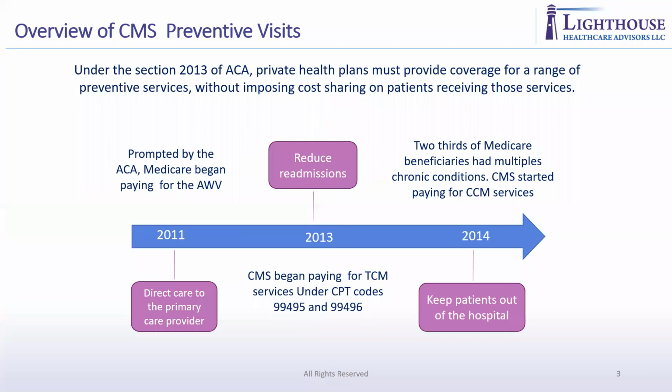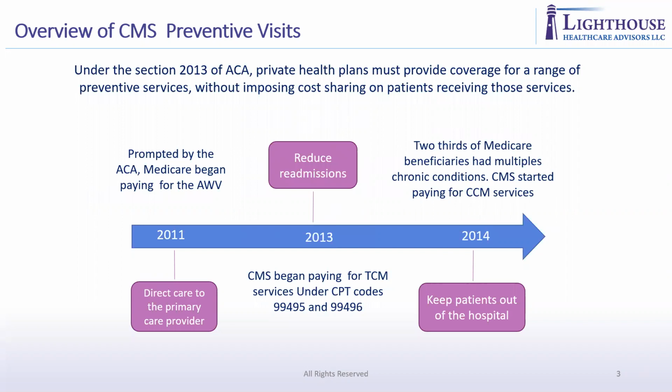So as a reminder, when we started this webinar series last week, we reviewed that under the Affordable Care Act, private health plans now must provide coverage for a range of preventive services without imposing any cost sharing on the patients. So what this means is it really encouraged also Medicare to begin paying for preventative visits. So in 2011, they started paying for the annual wellness visit.